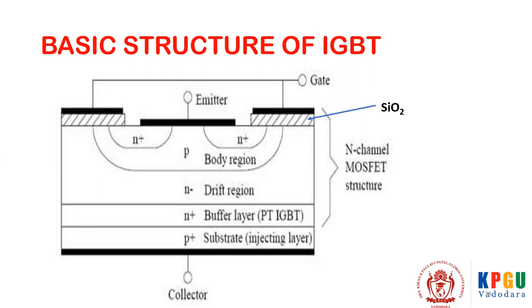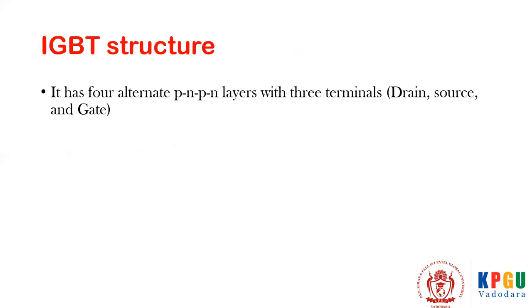Then you have a SiO2 layer and a metal contact through which the gate supply is given. The emitter is also known as source, the collector is also known as drain, and the gate is the control terminal. So IGBT has 4 alternate layers of PN with 3 terminals: drain, source, and gate, also known as collector, emitter, and gate.